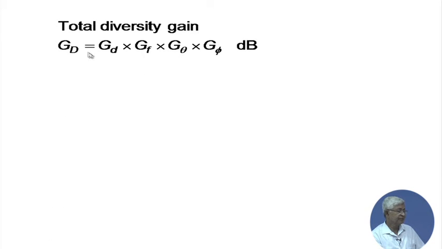Now the total diversity gain, capital GD, is a multiplication of all these diversity gains, that is in terms of distance GD, in terms of frequency GF, in terms of elevation angle theta GE, in terms of baseline azimuth angle G phi. And a quick example is just worked out here just for your information.